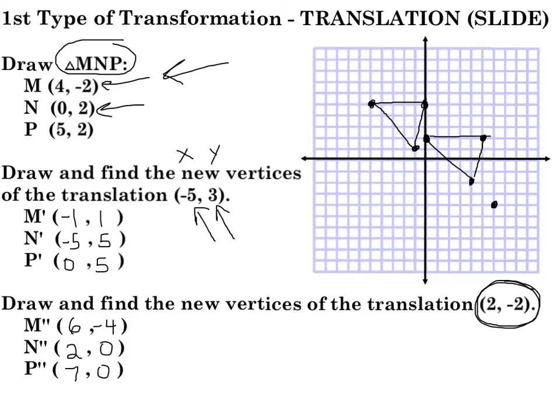Then we have 2, 0, and 7, 0. And once again, once we connect them, I know mine doesn't look fabulous, but once you connect them, you should see that you clearly have the same triangle again, except slid down and to the right this time.